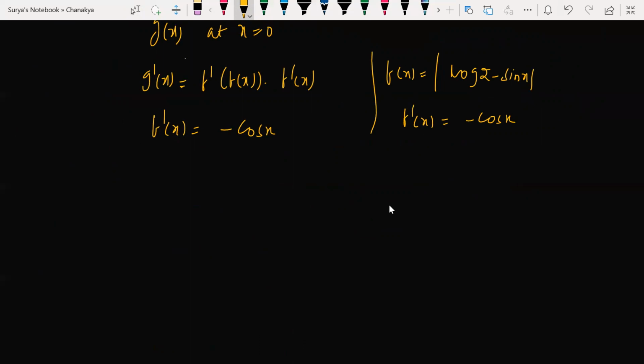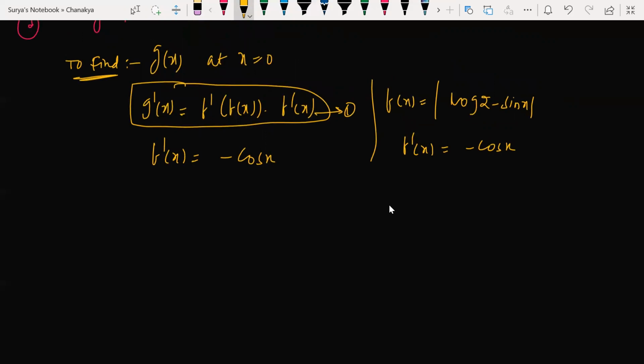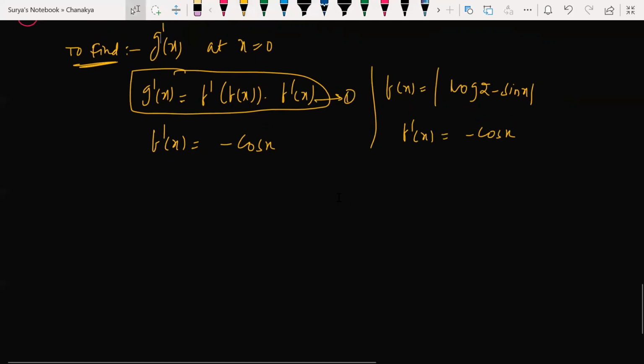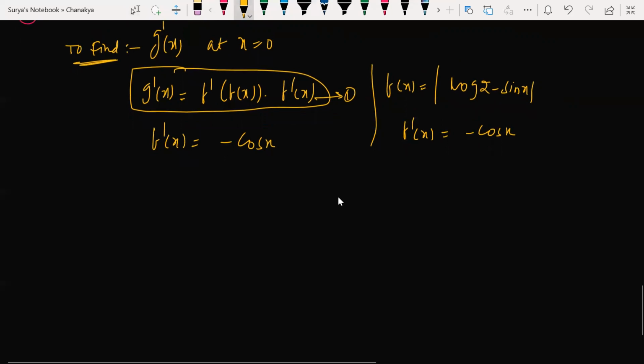Now let us take this as my first equation. He is asking us to find g dash of x at x is equal to 0. So g dash of x is equal to f dash of f of x into f dash of x.